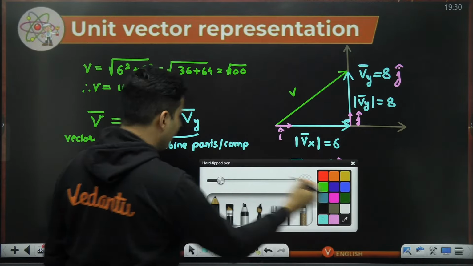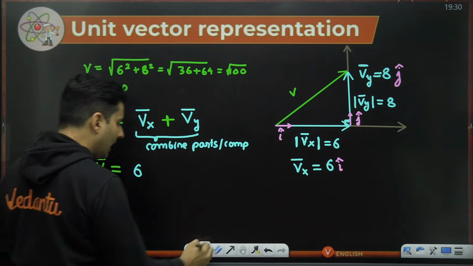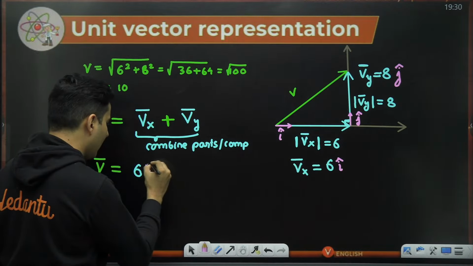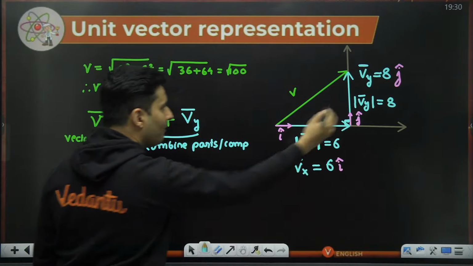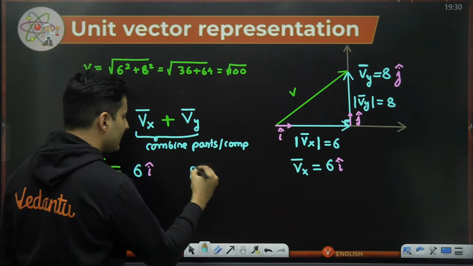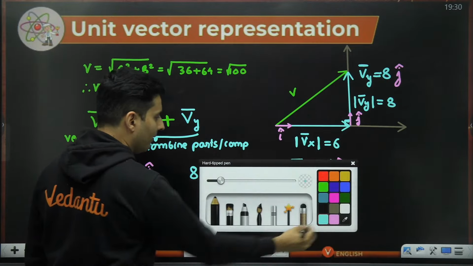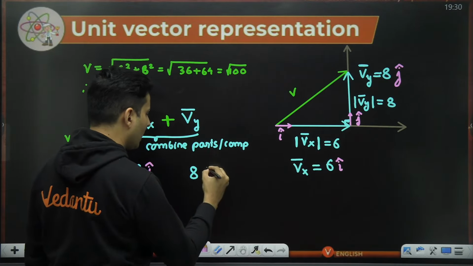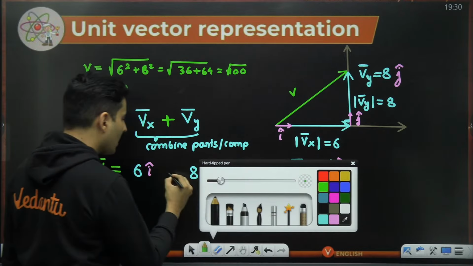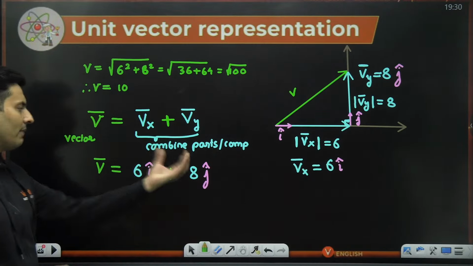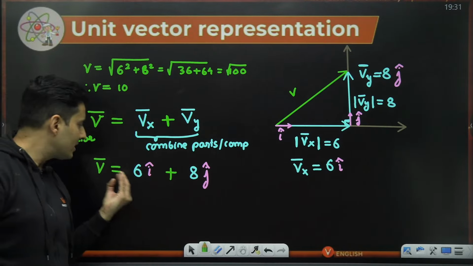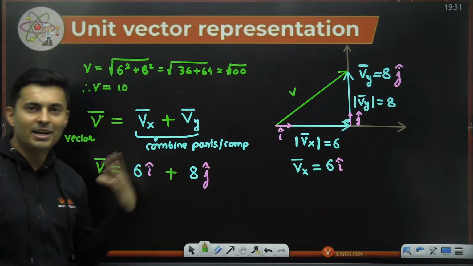Vx bar is 6 times i cap. And what is Vy bar? Vy bar is 8 times our j cap. Combining both of them, I get my vector V. Oh, this is such a beautiful way of writing a vector.